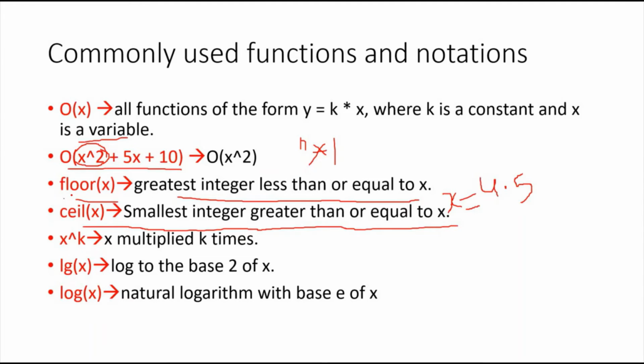You can consider the floor of a room. Floor will be the lower value and ceil you can understand like a ceiling fan. Ceiling fan will be on the top of the floor. Okay, ceil is the smallest integer greater than or equal to x, means we have 4.5 and ceil will be 5.